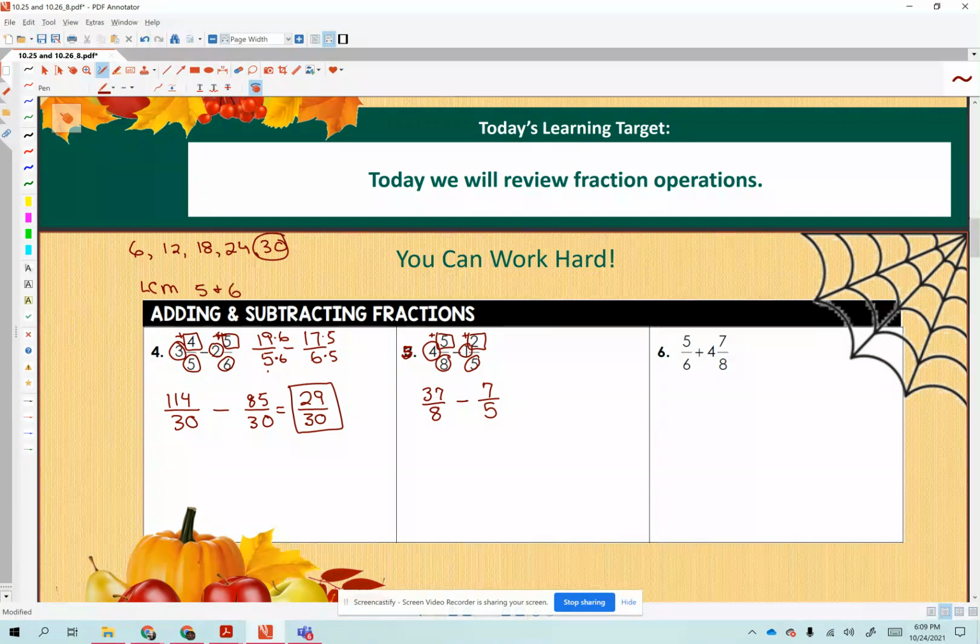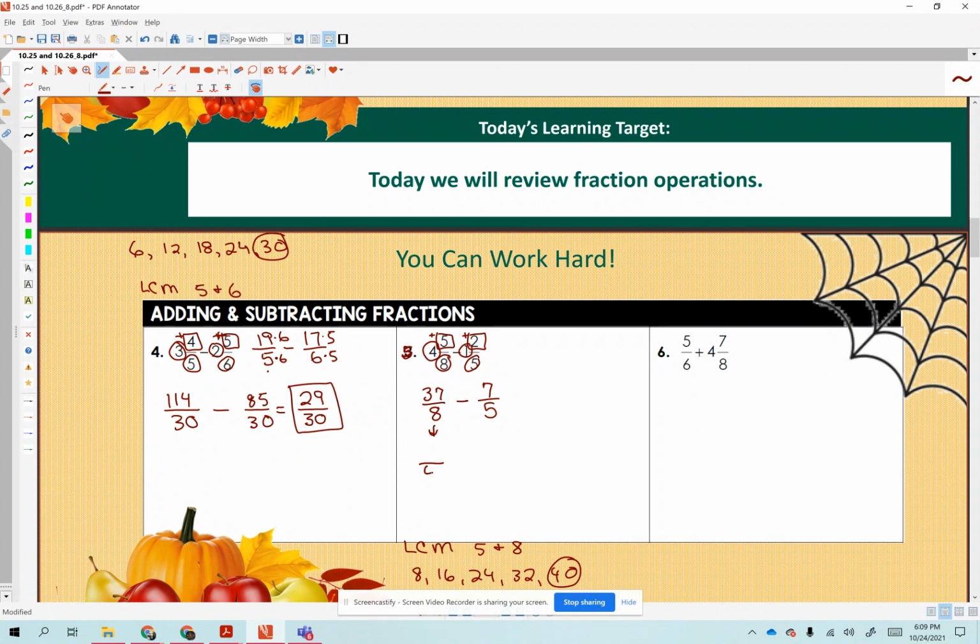So we need a least common multiple of 5 and 8. And multiples of 8 are 8, 16, 24, 32, 40. When I get to 40, that's also a multiple of 5. So that will be our new denominator.